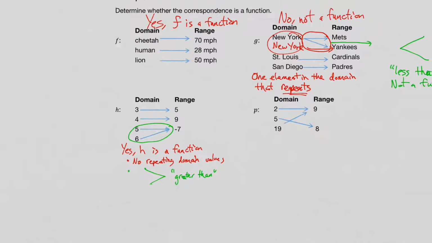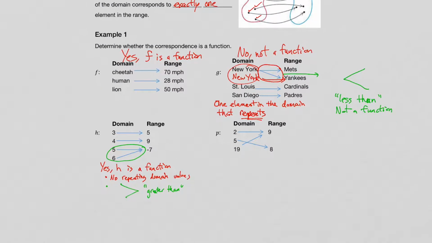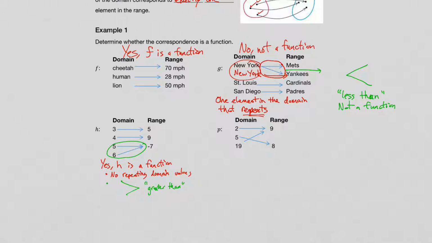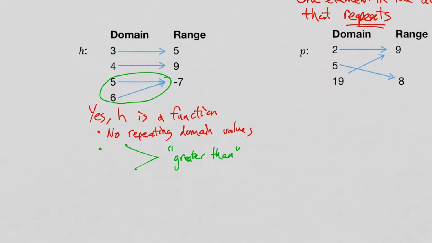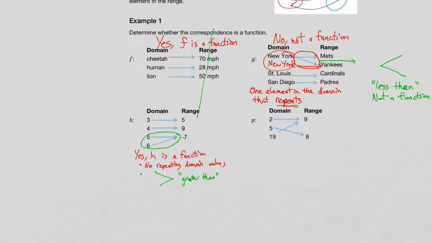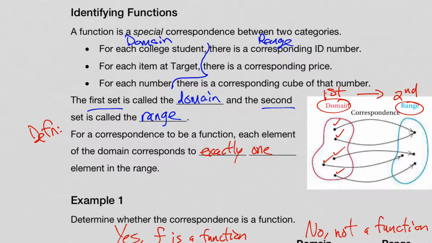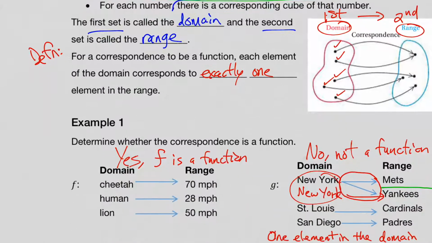Now, before we do P, just want to point out that why are we even talking about this? Well, functions basically make more sense in real life. So, for example, we talked about each item in Target. So let's focus on this for a second. Each item at Target, there's a corresponding price. Okay, that makes sense, right?